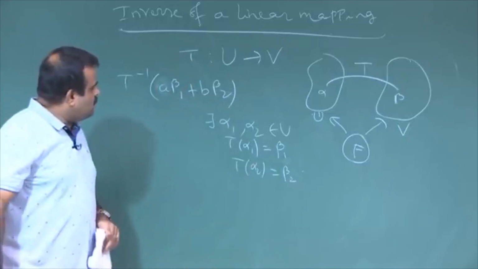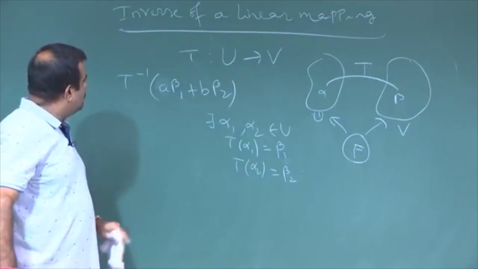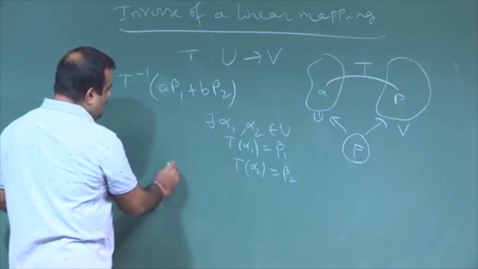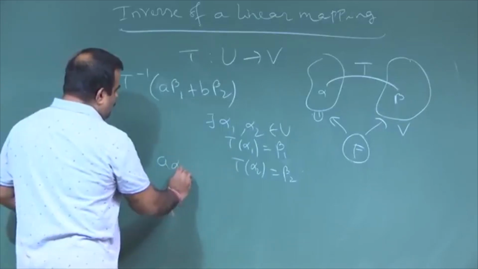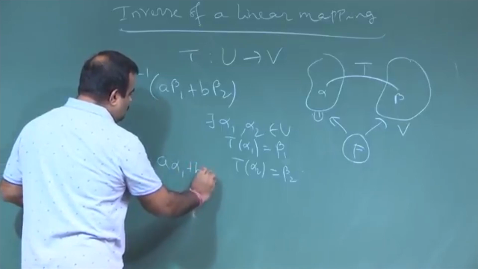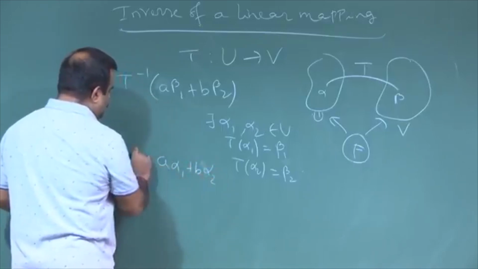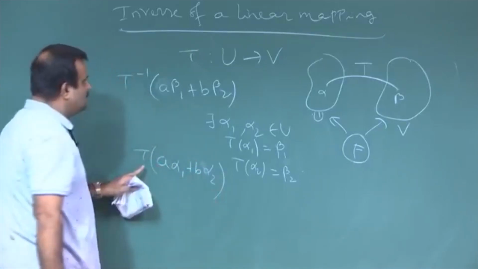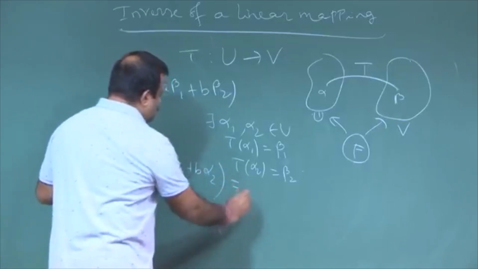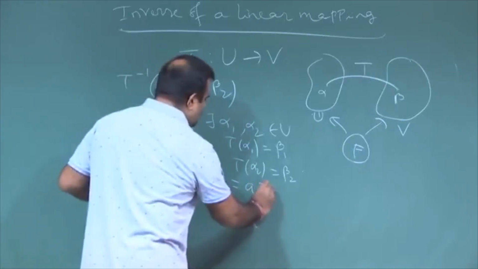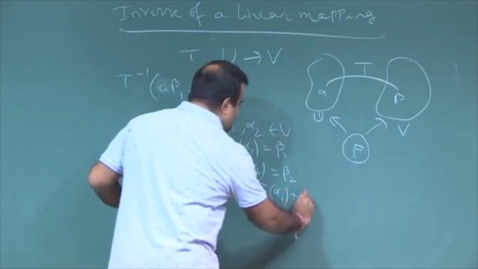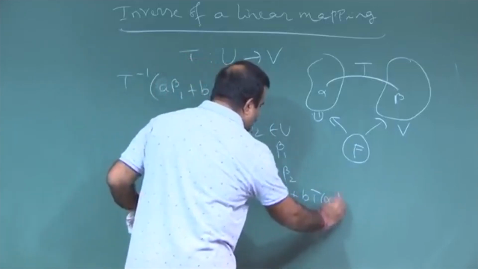So, now what do we do? We take A alpha 1 plus B alpha 2. If we apply T on it, since T is a linear transformation, this will be written as A T alpha 1 plus B T alpha 2.